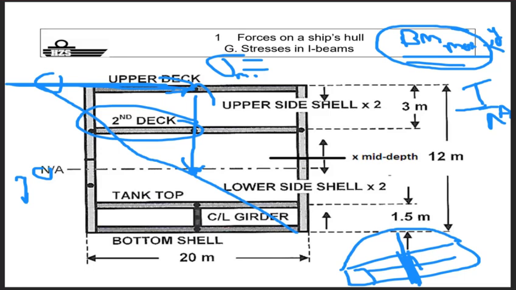What will be the factor that will vary your stress level? It will be the y. So you take your bending moment multiplied by this distance divided by the resistance against bending around the neutral axis, and you get your stress level for the second deck. The same you do for tank top and bottom shell, but then you take your distance as this and that.